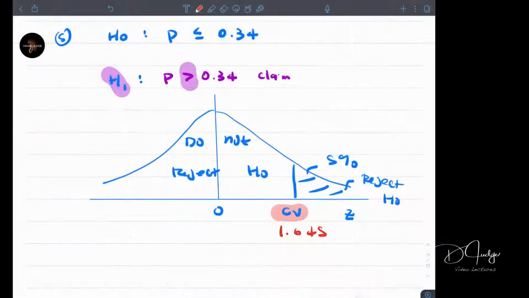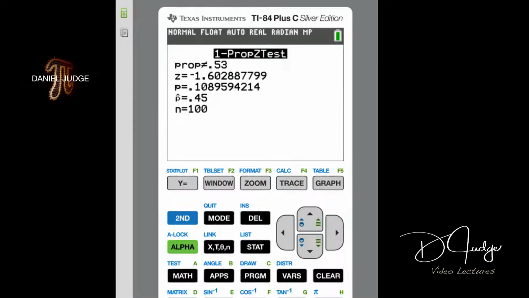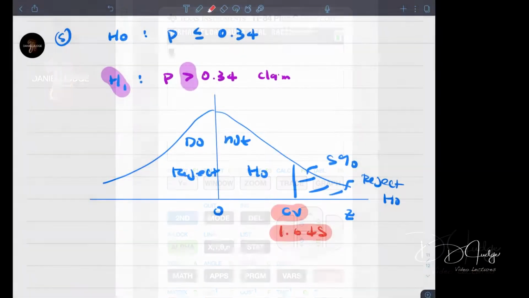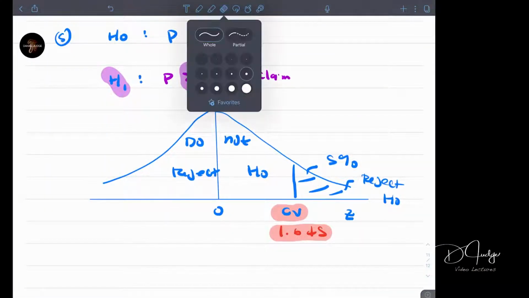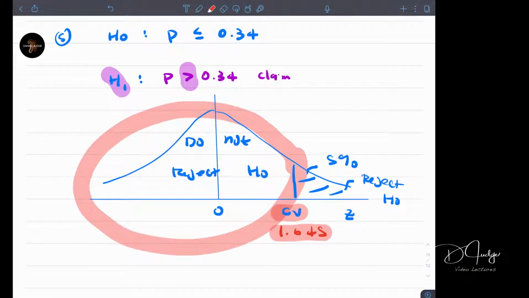So this is what I wrote down here for my critical value. Okay, so I have that number. Now, go back up here and say, okay, what if I'm using the area to the left? What if I have to use the default here? Okay, default area. Well, remember now, if you're going to use the default area to the left of that number, the complement of 5% is 95%.